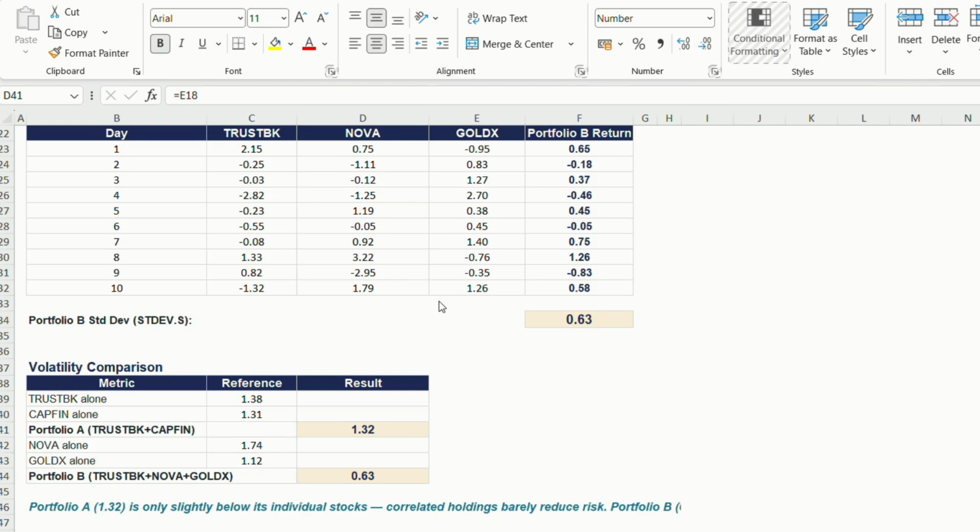So if next time you read about a fund's diversification strategy, you will know what's behind it. You can take this concept into your mind and tell how diversification happens.